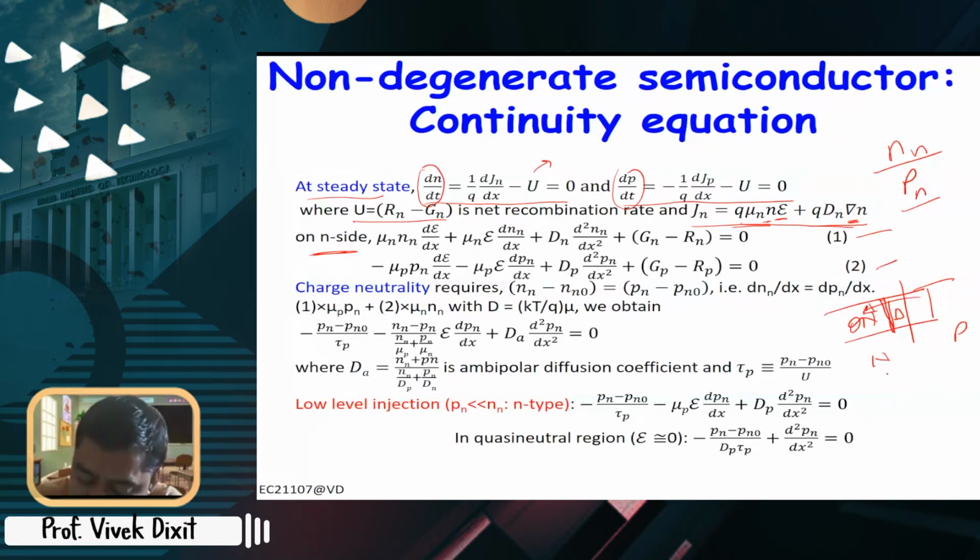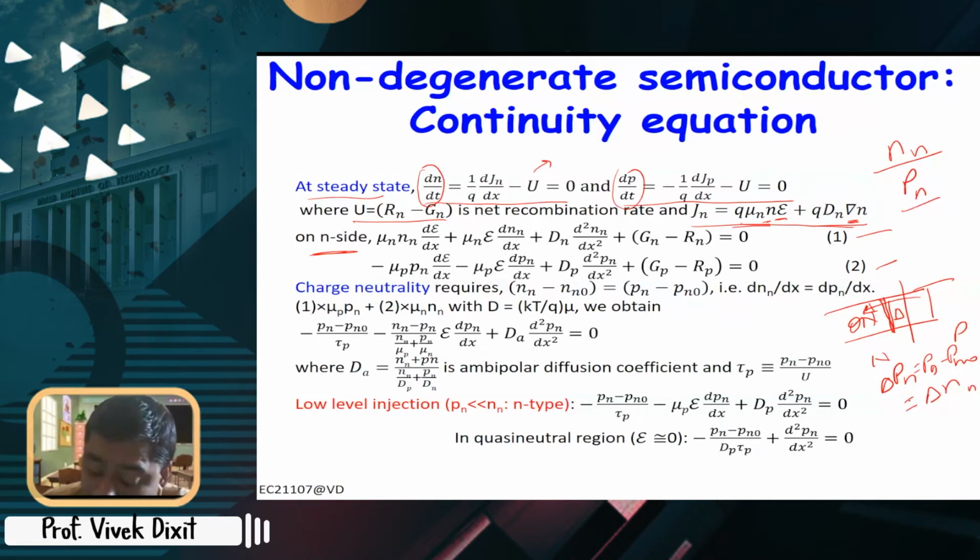So the hole concentration will change by delta pn, which is pn minus pn0. So delta pn is pn, which is basically injected, minus the background or minority carrier concentration. Now if it is to be neutral, then delta pn has to be the same as delta nn. So it is not that only the hole concentration is increasing on the n side. The electron concentration is also increasing on the n side to maintain charge neutrality.